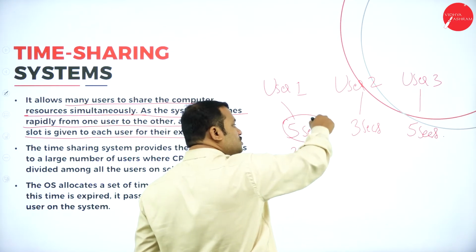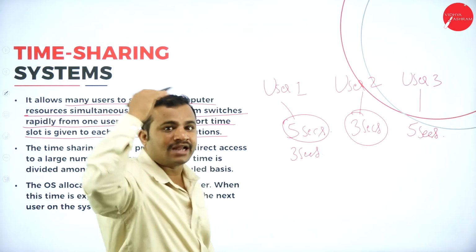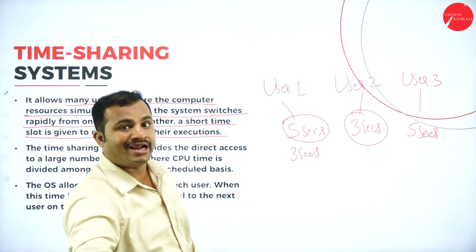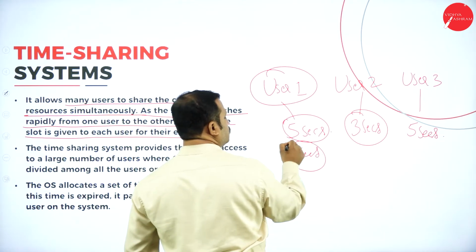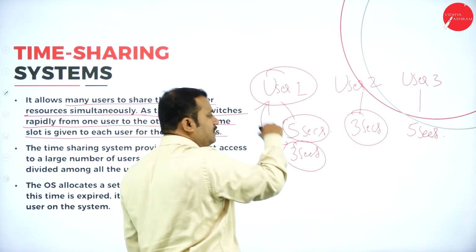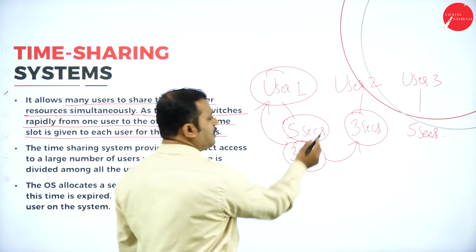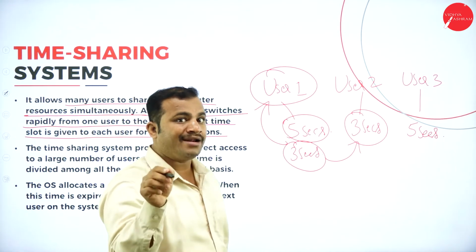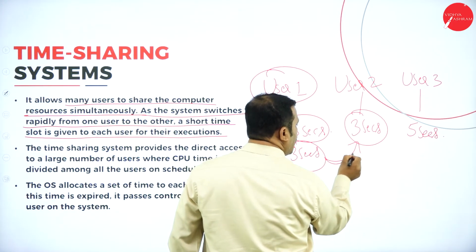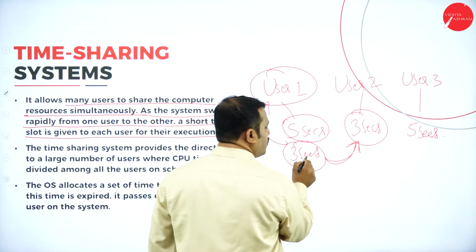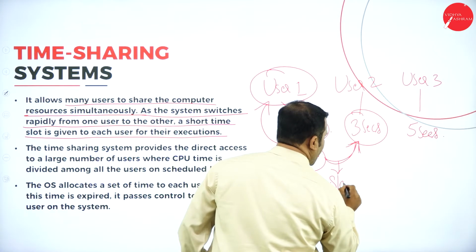But it has to be switched over to the next job which requires 3 seconds, because I have a time quantum of only 3 seconds. So I can provide a time of 3 seconds to this user. Once this is completed, it has to switch to the next user, that is user 2, who requires 3 seconds. The time required to switch over from user 1 to user 2 is called slack time.